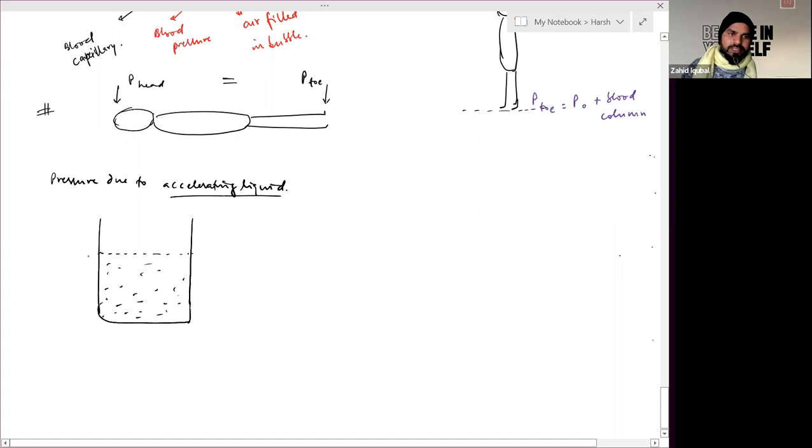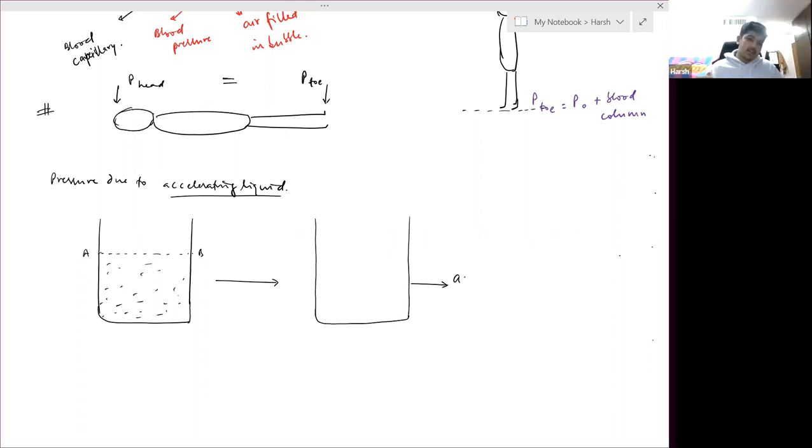Let's say this is point A and this is point B. Now, this particular system is being accelerated towards the right by some acceleration a. Will there be any change in the level of liquid?